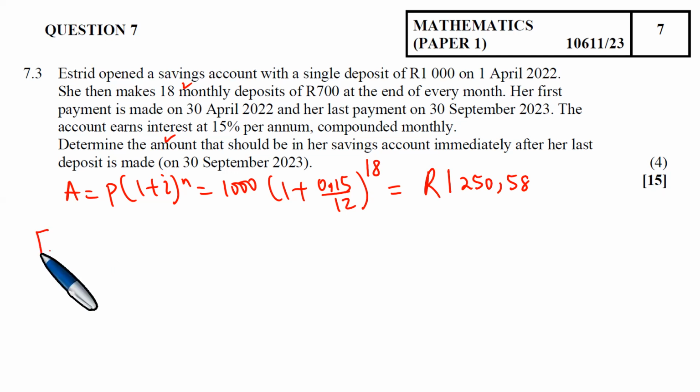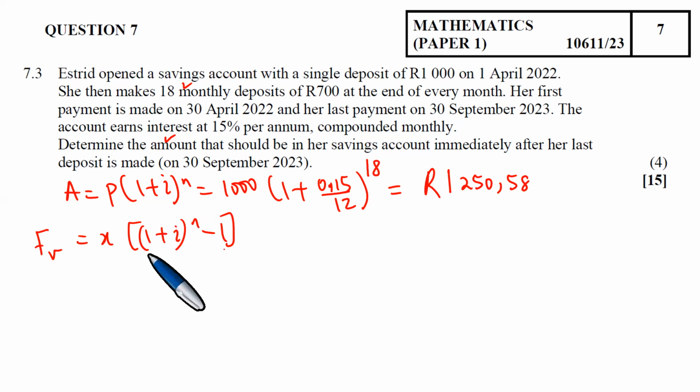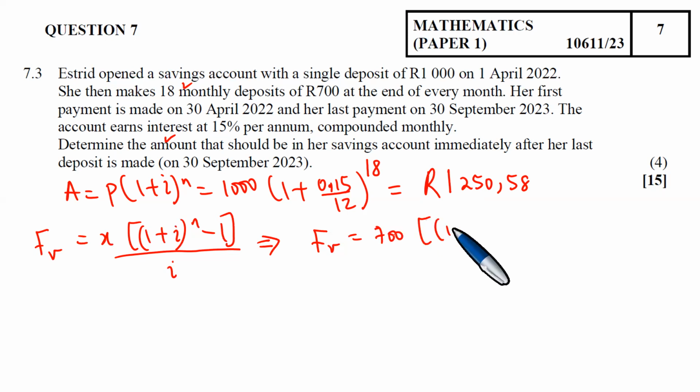What is the future value? So the future value is x into 1 plus i to the power n minus 1, divided by i. This is the formula for the future value. We do substitutions. Remember that she makes deposits of 700 Rand, into 1 plus 15%, so it is 0.15 divided by 12.